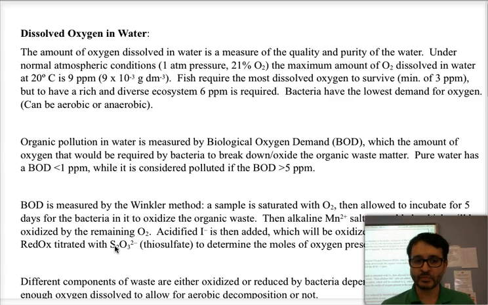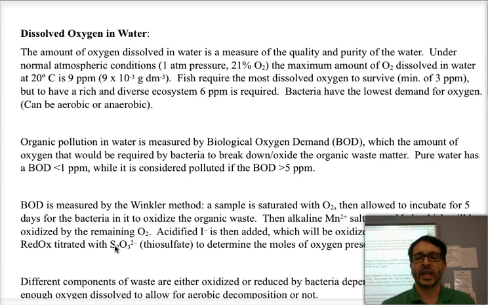Now, the amount of pollution, and in particular organic pollution, in a body of water is called the biological oxygen demand, or BOD. BOD is the amount of oxygen required for bacteria to break down all the organic waste matter that is present in a water sample.